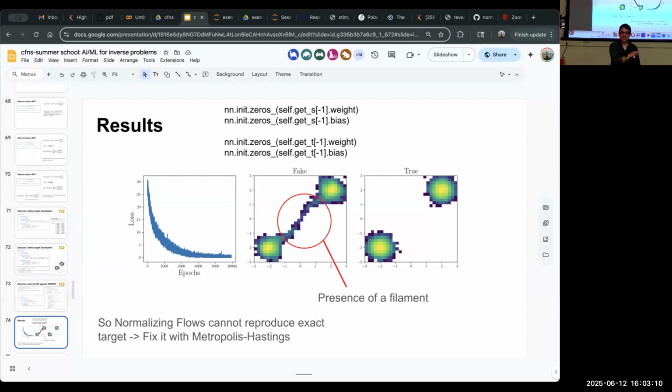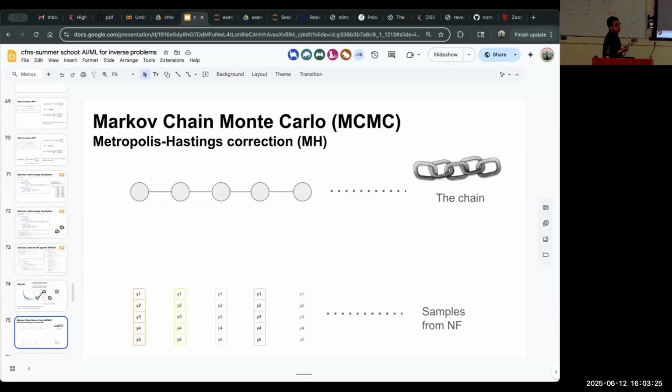You don't need it, because we know how to correct this mistake very quickly, in a very cheap way. And so that brings me to this concept of Markov chain Monte Carlo, that people in lattice QCD normally use a lot. How many of you understand Markov chain Monte Carlo?